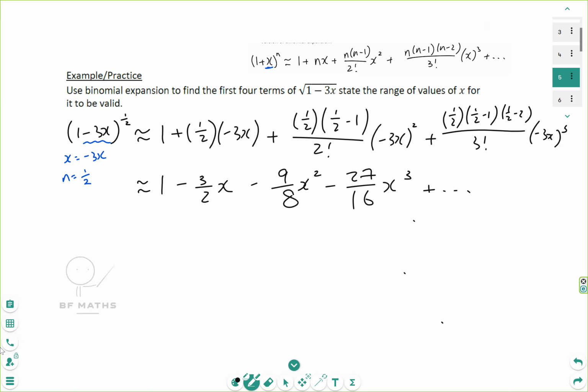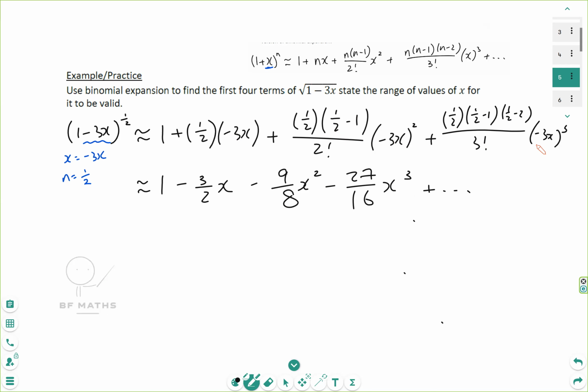Okay. Right. So what are the silly mistakes a lot of students make? Well, one, they do it mentally in their head and make a silly mistake in there. For example, if they did a half instead of minus a half, then they get a wrong sign. Or they made a silly mistake on a half minus 2, etc. So that's one silly mistake. Second silly mistake, they forgot to put a bracket around the minus 3x.